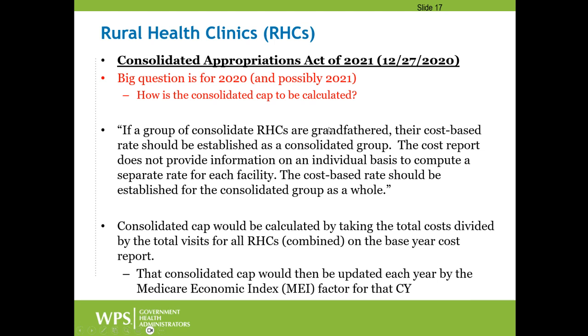We don't have detailed information about each RHC, so instead we use that consolidated cost data and establish that base rate. Again, the consolidated cap would be calculated by taking the total costs from all the RHCs consolidated divided by the total visits, again for all those RHCs, because that's all we have, from that base year cost report. And then that consolidated cap would be locked in and updated each year by that inflation factor.